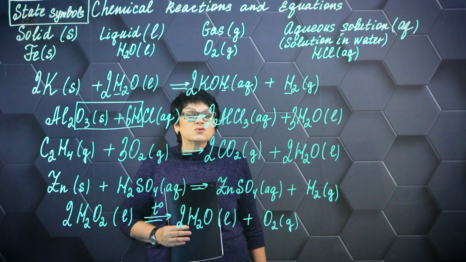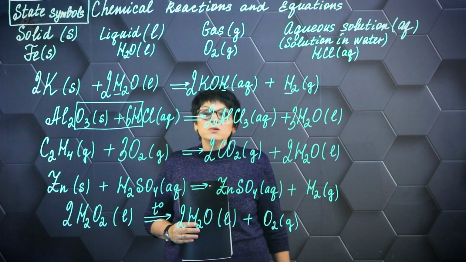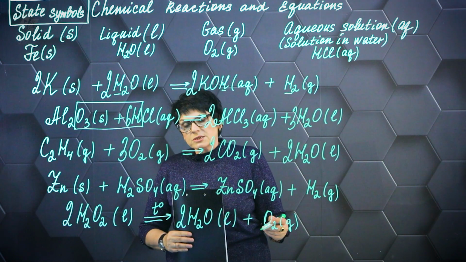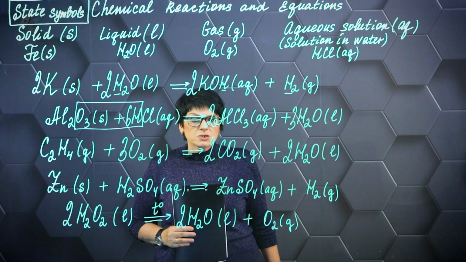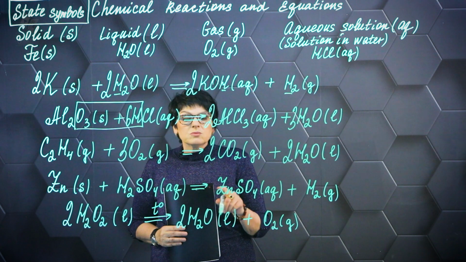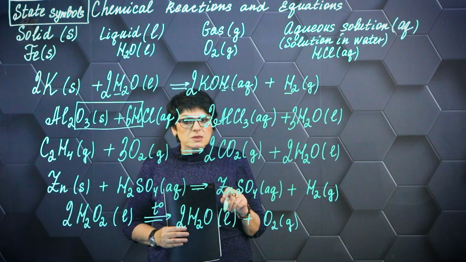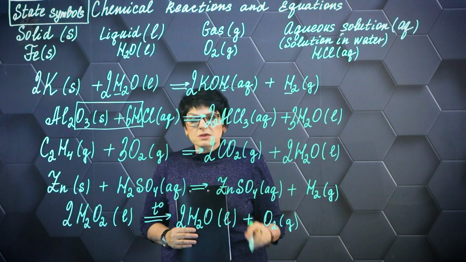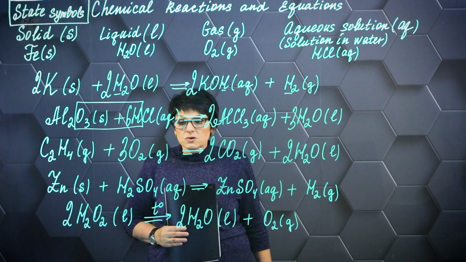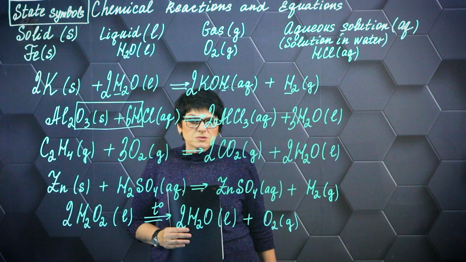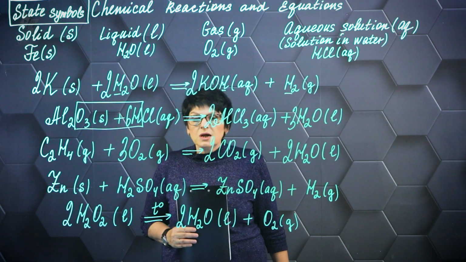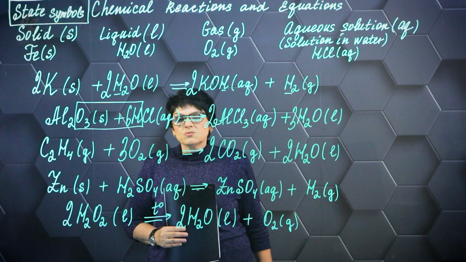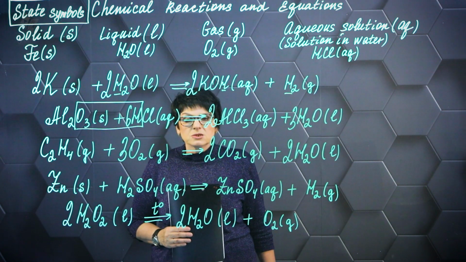So today we once again practiced the skill of composing chemical equations. And today we included additional aggregate states, I hope it is clear how it happens. And hopefully, for substances that you will encounter quite frequently, such as oxygen, water, some acids, solid substances, and metals, you will also remember their states of matter.